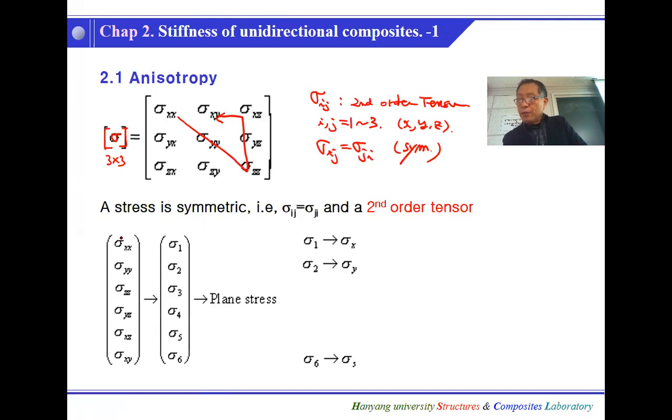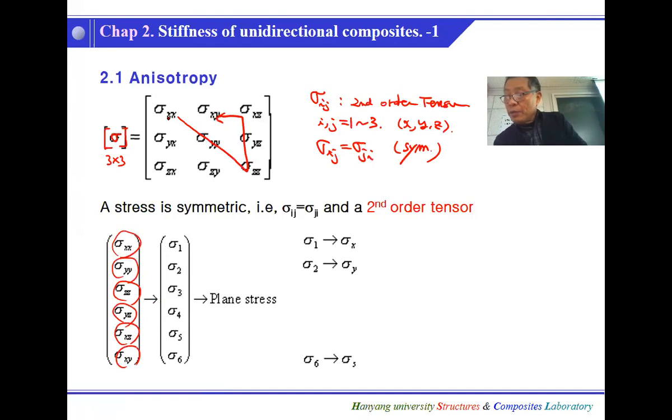We can have many different ways of listing these 6 components, but in most cases we list them in this order: sigma xx, sigma yy, zz, yz, xz, and xy.